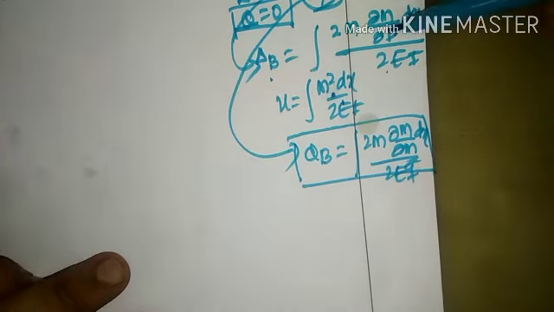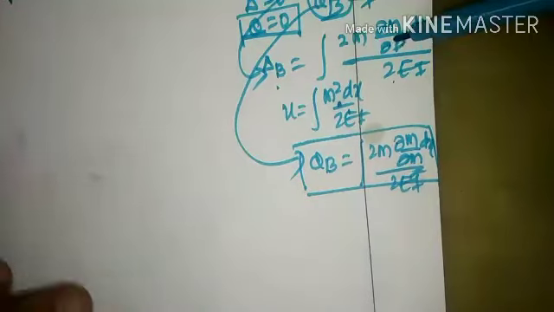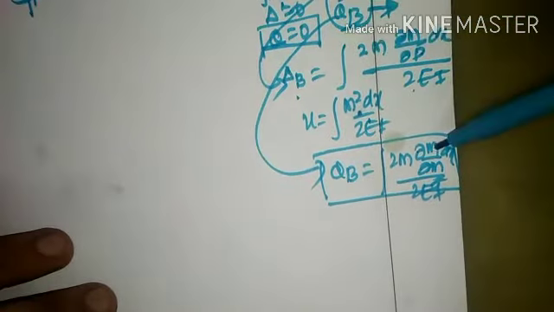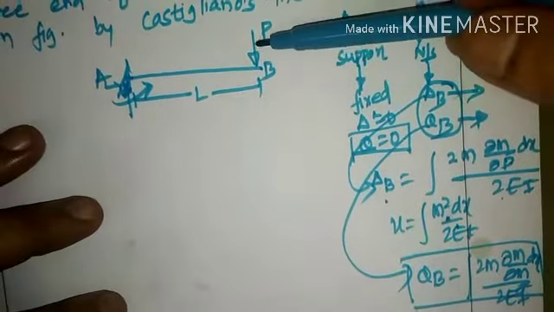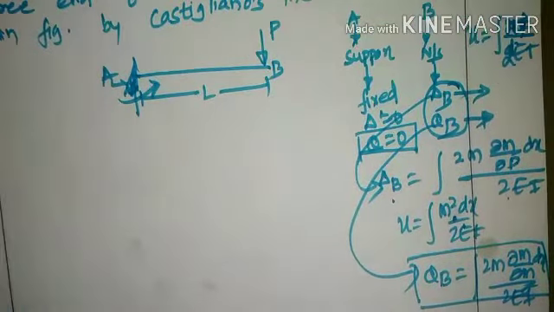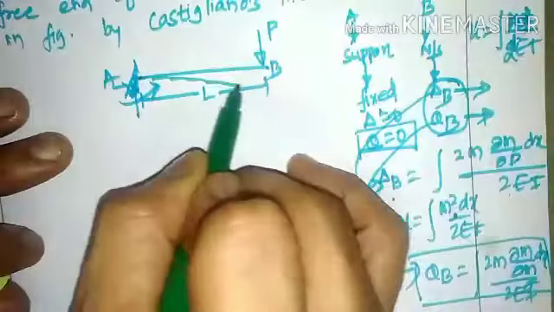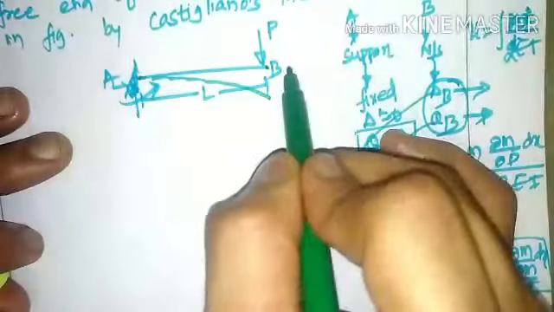First I shall find out the delta value at point B and later find out the theta value at point B. If it is a cantilever beam subjected to a point load at the top, this beam will have a hogging pattern of bending, and this displacement at B will be called delta B.